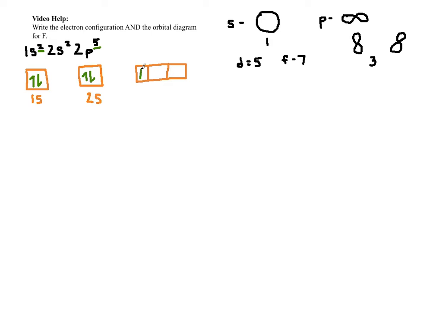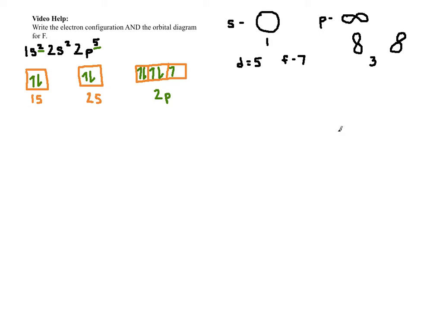So I'm going to do one going up, another going up, and another going up. You could have also done down, down, down. Either way, it's fine. They have the same spin. I've only used 3 electrons. I need to use a total of 5. So I'm going to go back to the beginning now and add 1, so that's 4, and the second one, that's 5. So I'm done. And I need to put a 2p.